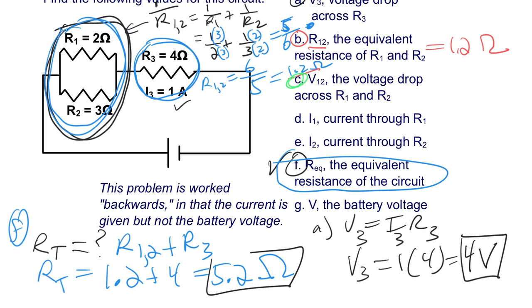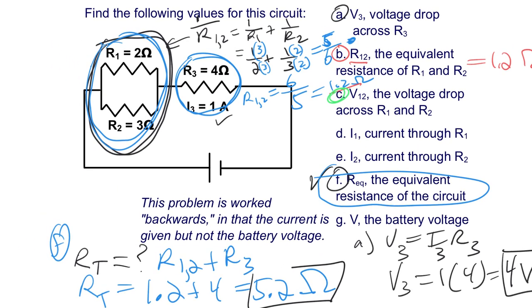Okay, I think we can do letter C now. What's the voltage drop across this section right here? So if I put a voltmeter across these, what would that read?